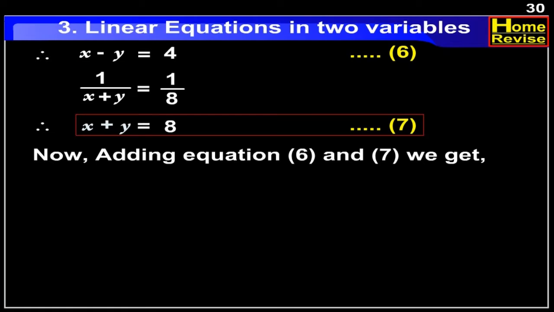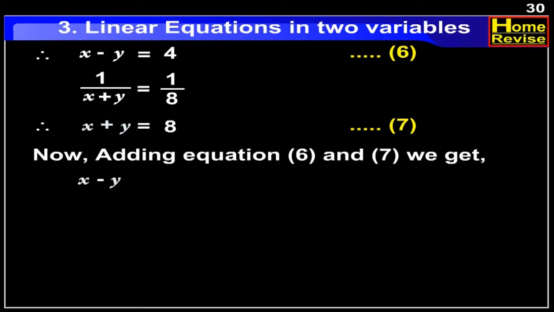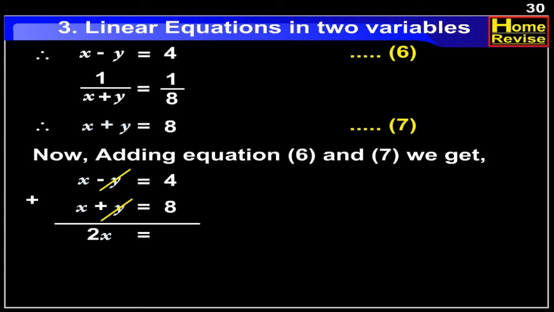Now adding equations 6 and 7, we get x minus y is equal to 4 plus x plus y is equal to 8. Now minus y plus y is cancelled out and we have 2x is equal to 12. Therefore, x is equal to 6.